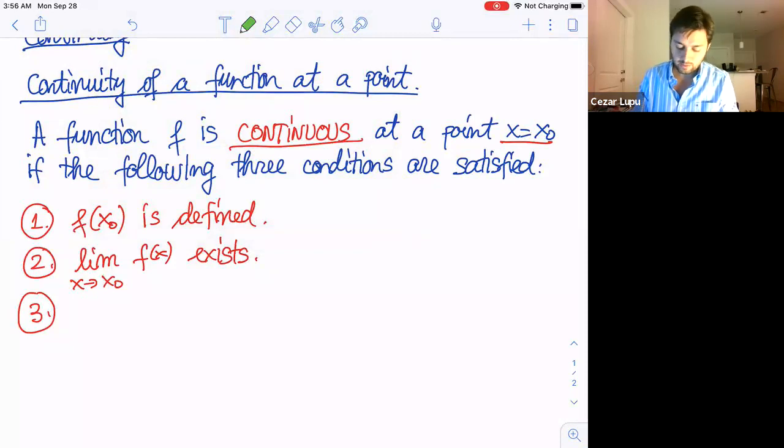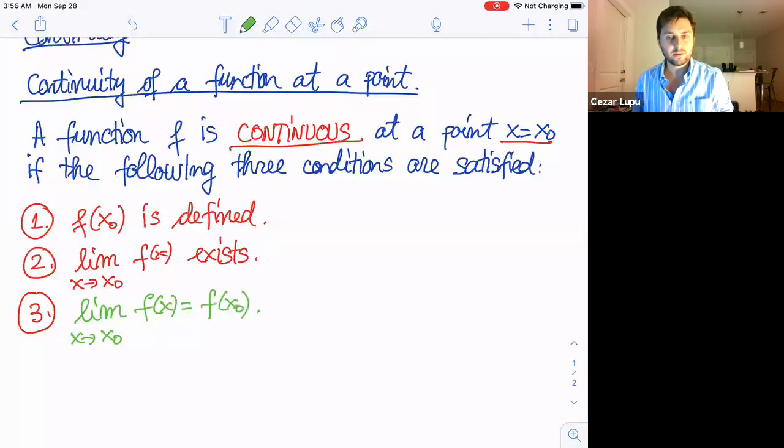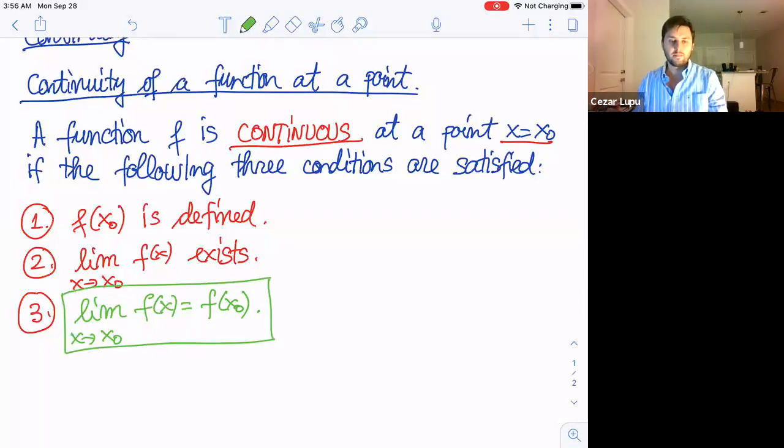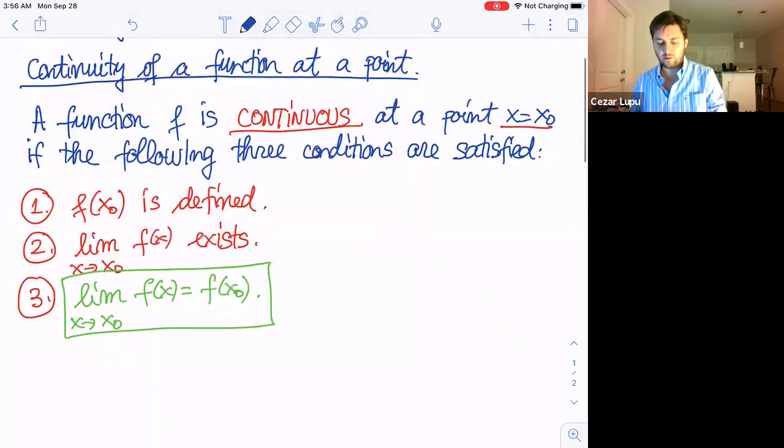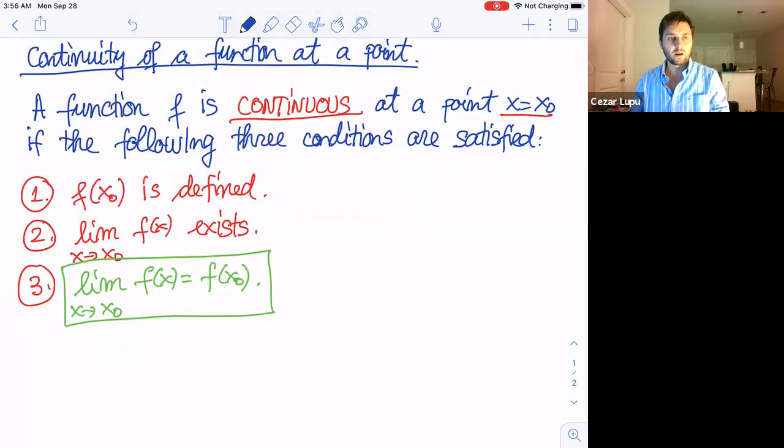We can write this as the limit as x approaches x naught of f of x equals f of x naught. That's the most important condition. So this is the definition of continuity at a point.